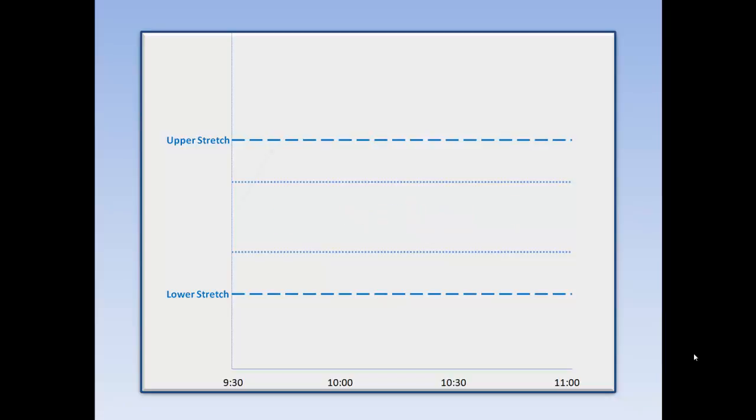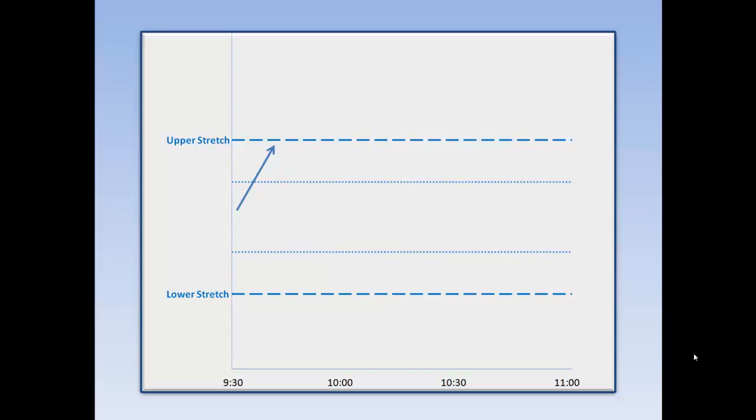Let's say price moves out of the opening range and above the opening range high, and it starts to push towards the upper stretch. When it gets to the upper stretch, Fisher said that he has a time and price filter. The price, of course, is the stretch point.